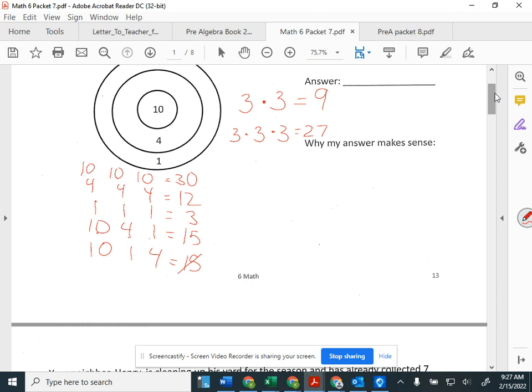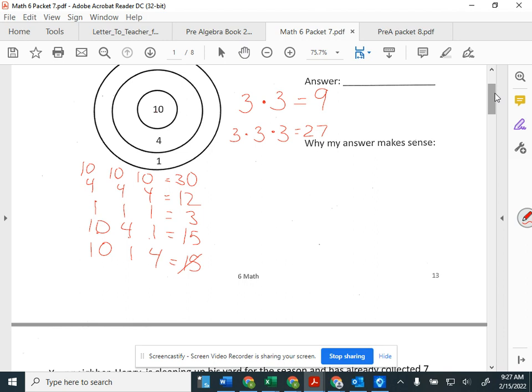So if you list out each of your outcomes, you're going to cross off the totals that are the same. I listed out all 27 outcomes. I did, okay, if I hit the bullseye with my first dart, what else could I hit? Then if I hit a 4 with my first dart, what else can I hit?